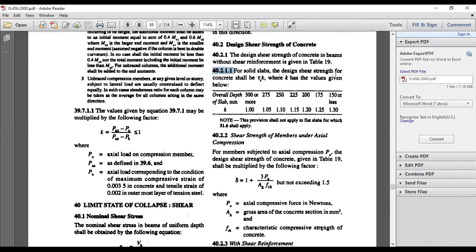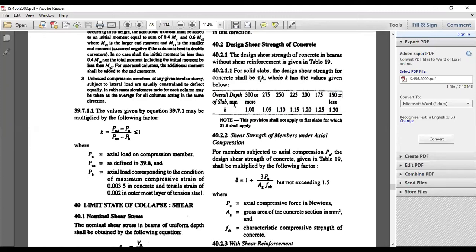For solid slabs, the design shear strength of concrete shall be K into tau c, where K has the values given below. Overall depth of slab in mm and the value of K. Now if you look at this last column, they have mentioned 150 or less.